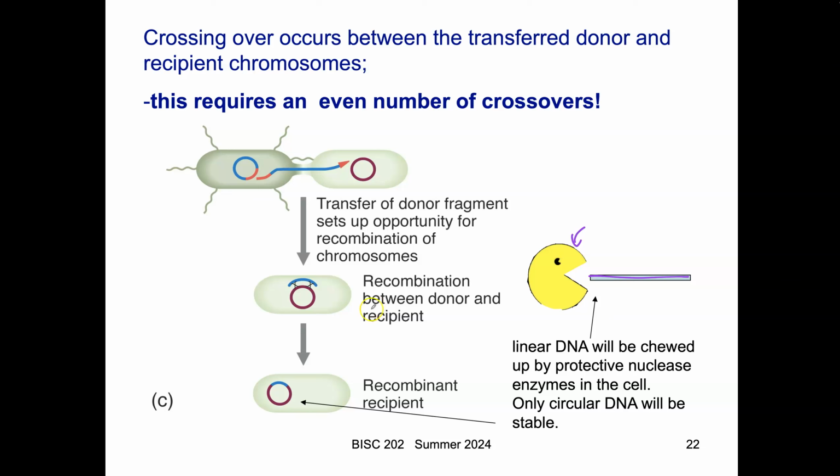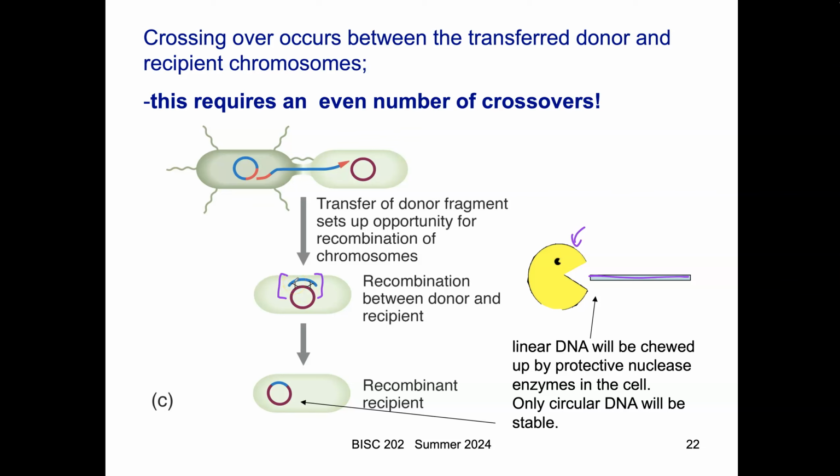And that requires crossing over. So this is the only kind of case where you have a very short time. You're sort of a partial diploid because there are in fact two copies of certain genes in the recipient and the donor.